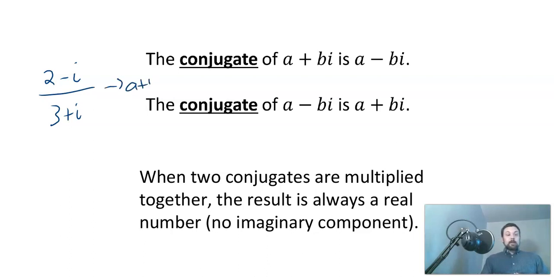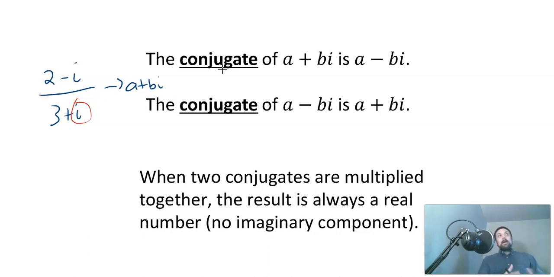I should get something that looks like this. Getting from here to here takes a lot of work, but the crux of it is I can't rewrite this fraction in this form while there's an imaginary component in the denominator. It just will not fit. So the primary objective with this problem is to get rid of the imaginary number in the denominator, and that's what conjugates do. So conjugates have a very real application with this kind of problem.